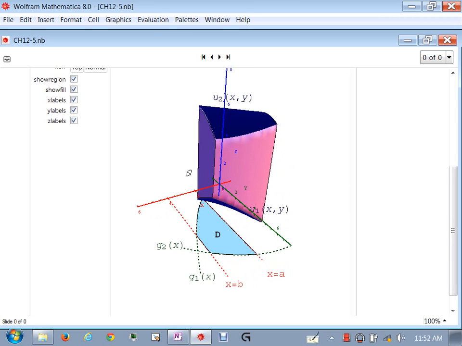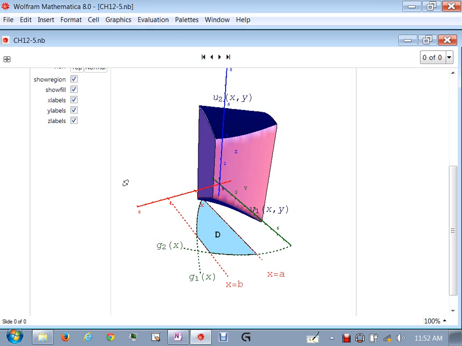So let me get back to this. Our x's are between two constants, right? Our y's are between two functions of x, and our z's are between two functions of x and y, because they're surfaces, they have to be functions of two variables, right? That is going to be a certain type of triple integral.